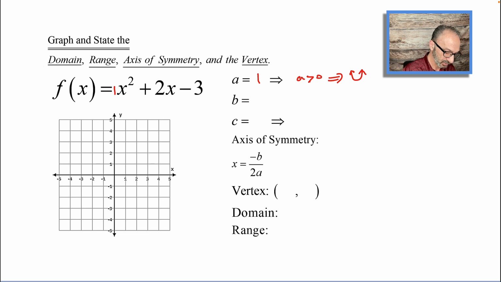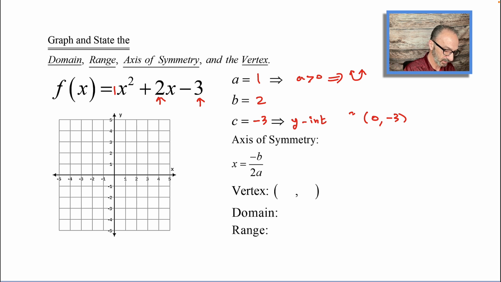B is 2. That's this 2 right here. C is negative 3. That's the constant right here. C equals negative 3, which means it's the y-intercept. So the graph is going to intersect the y-axis at 0, negative 3.